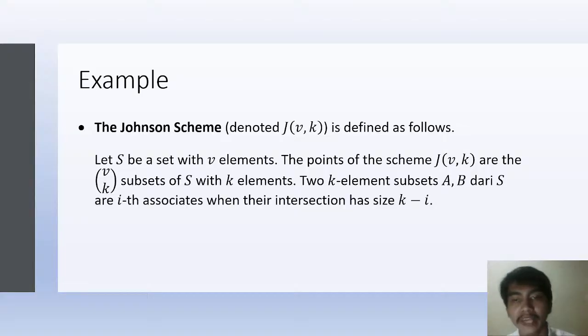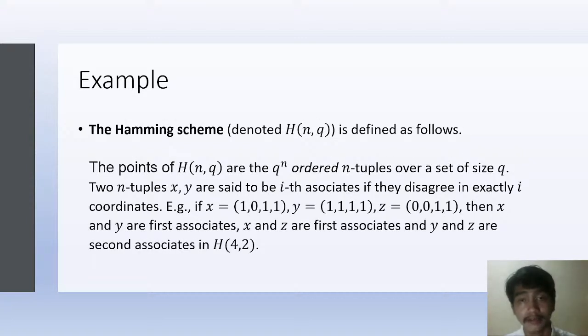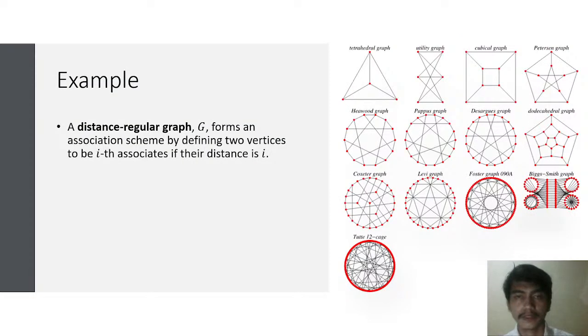Let's look at some examples. First, the Johnson scheme, denoted by J. And then the Hamming scheme, denoted by H. The next example is some kind of regular graph.